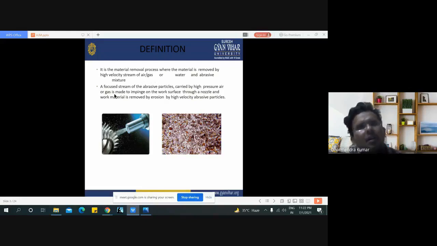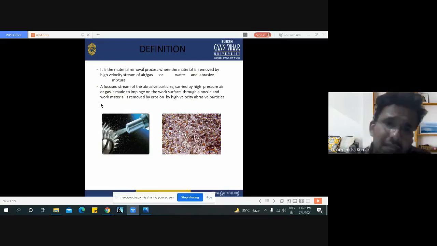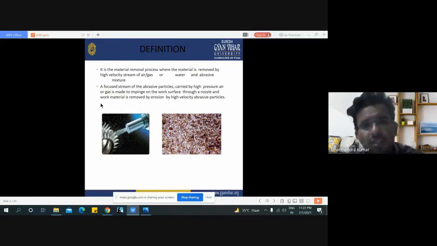In this process, a focused stream of abrasive particles carried by high pressure air or high pressure gas is made to impinge on the work surface through a nozzle.